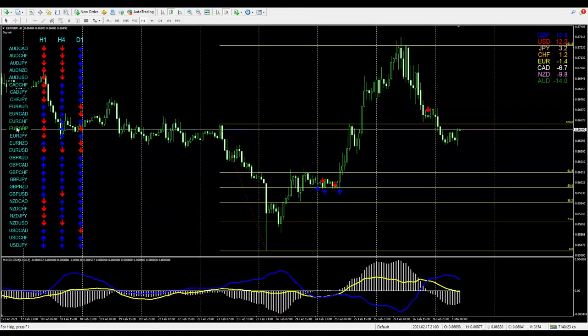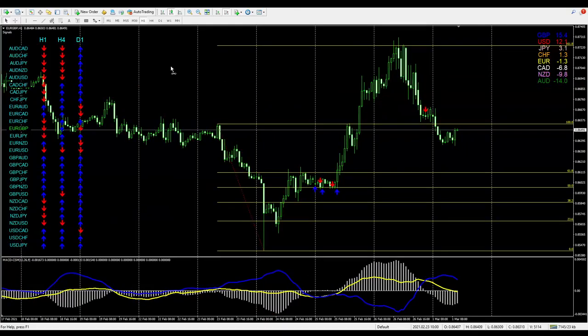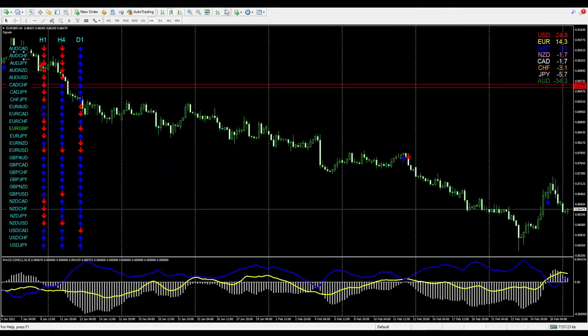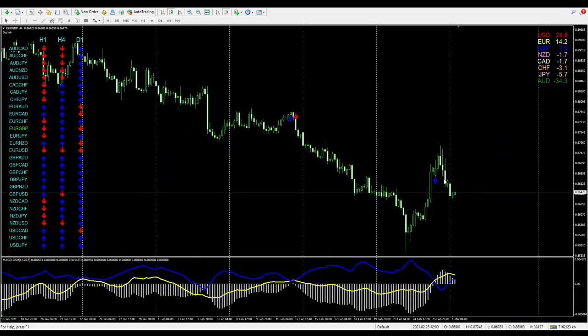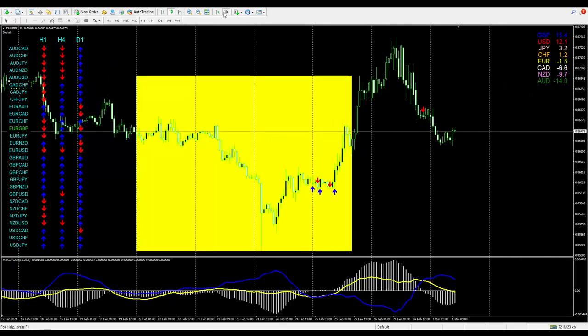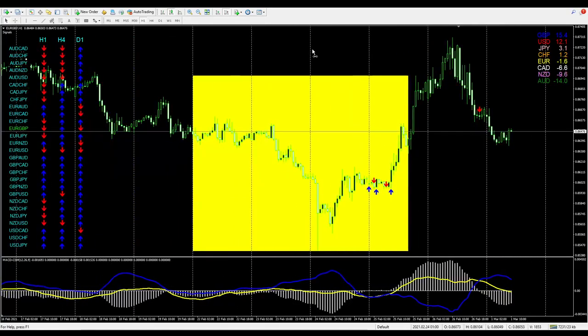So let's go for EUR GBP. On D1, the general trend for EUR GBP is a sell. For H4, it changed last Friday, but it was sell for the first few days last week.